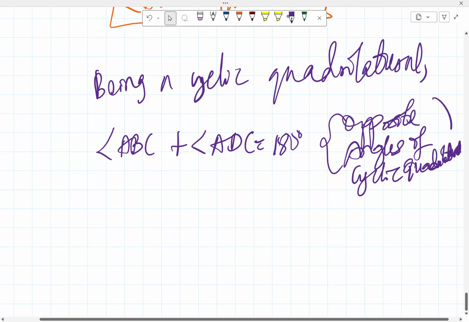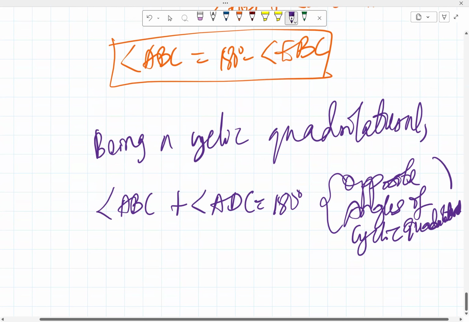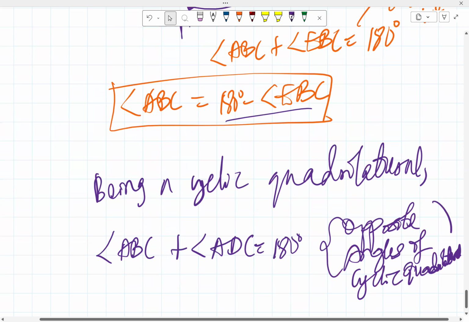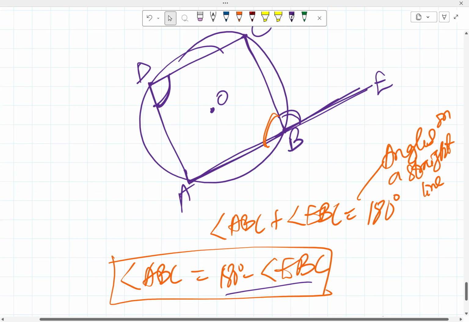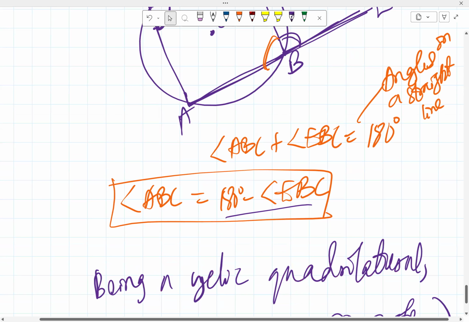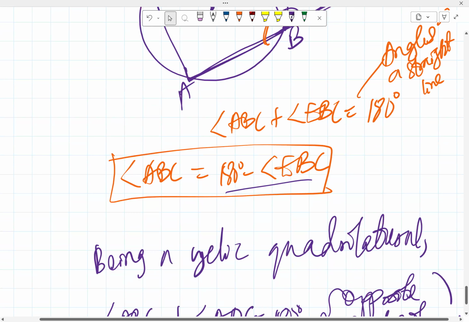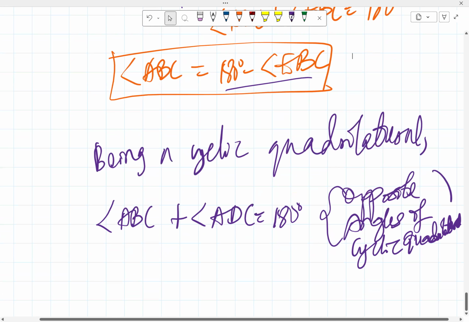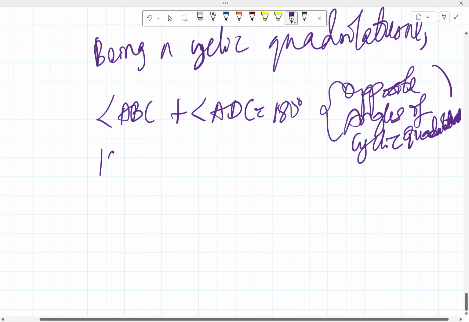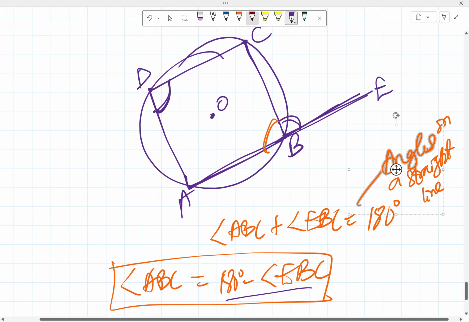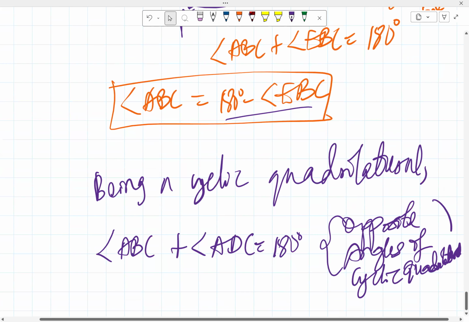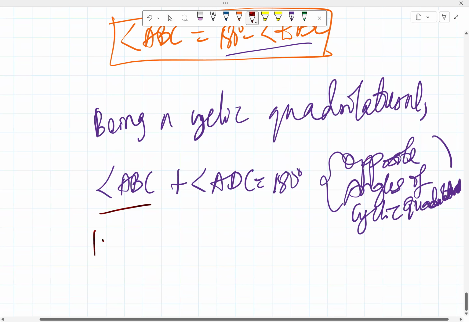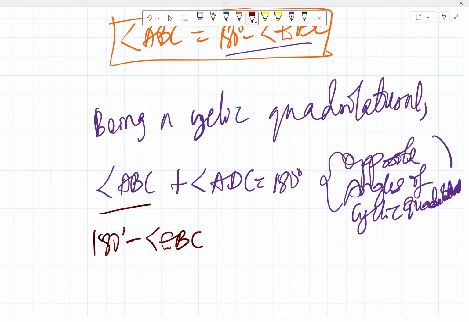So now what do we do? We already know ABC to be this, and what we are really looking for is the fact that angle EBC is the same as angle ADC. Angle ABC is 180 degrees minus angle EBC, plus angle ADC, and this is equal to 180 degrees.